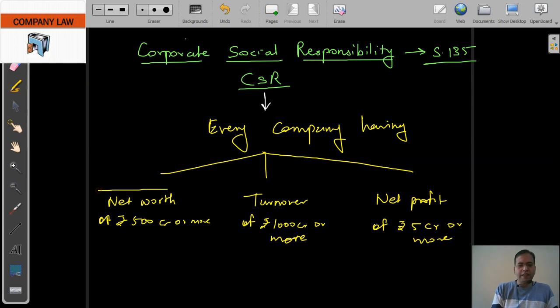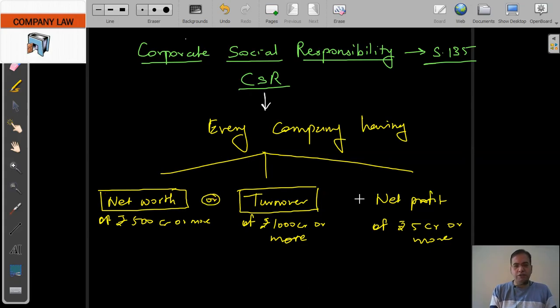So we can say that this particular concept has been broadly classified into three categories, and let me tell you, this is an OR condition.